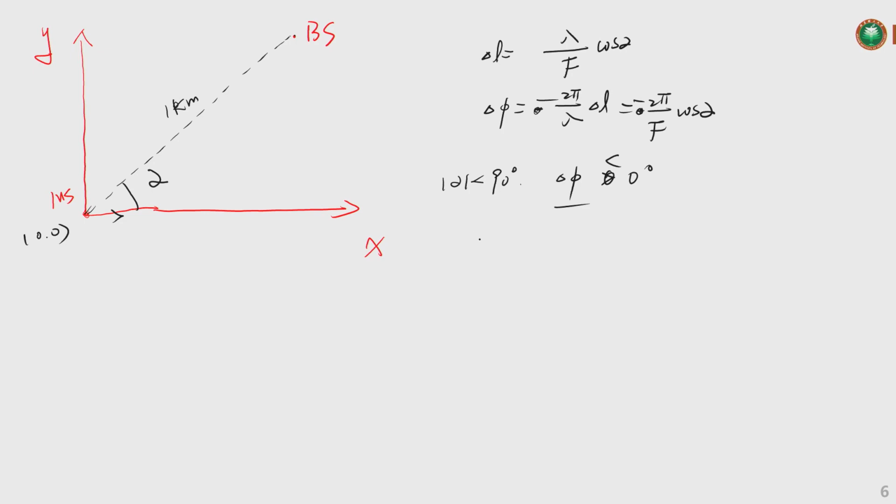And if it equals 90 degrees, delta phi equals 0, alright? When alpha is larger than 90 degrees, it becomes a positive delta phi, larger than 0. Yeah.